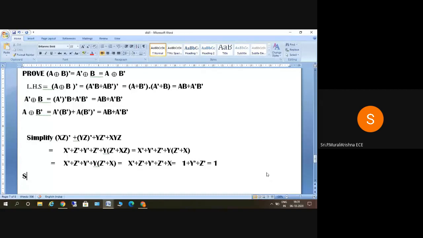So we'll see the complement and duality. Okay, so try to obtain the complement of the following function. It can be explained in two ways.